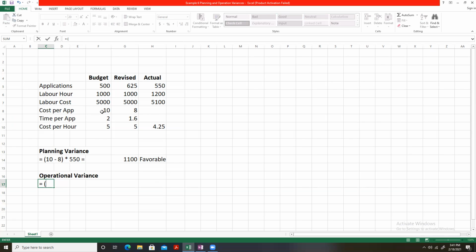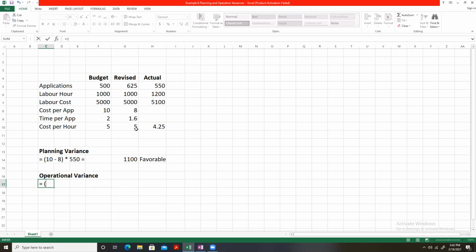In the labor efficiency variance, we compare the number of labor hours that should have been taken according to the standard and the labor hours that were actually used.